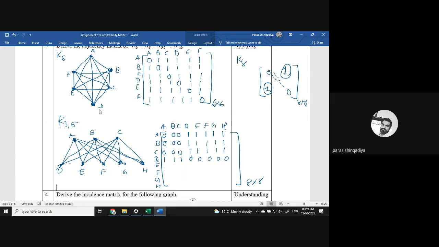Now this row repeats for E also: E is adjacent with A, B, C only, and not adjacent with the 5 vertices. It is also the same for the next rows. G is adjacent with A, B, C, but not adjacent with D, E, F, G, H. And same for H: it is adjacent with A, B, C only. So this matrix you will get for the complete bipartite graph. Is it clear?